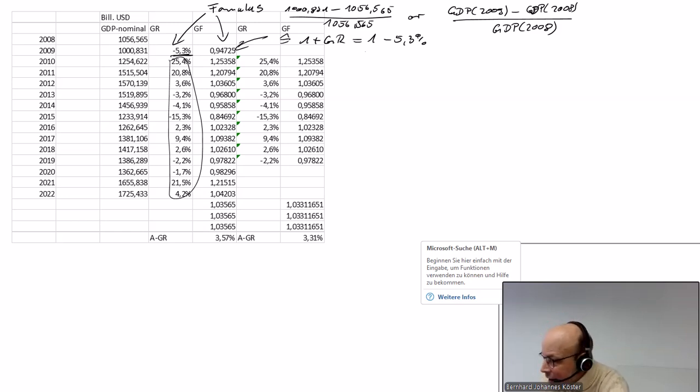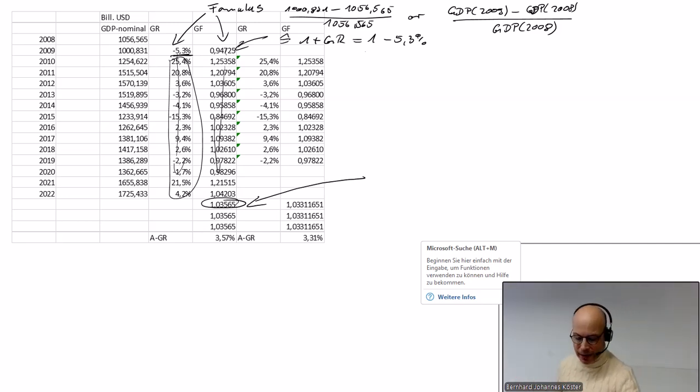So then I know, okay, I know what you have done in this column. Then, for example, how did you obtain this average growth factor? And there you can give me also the formula.